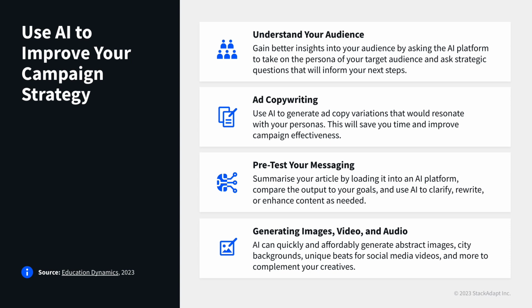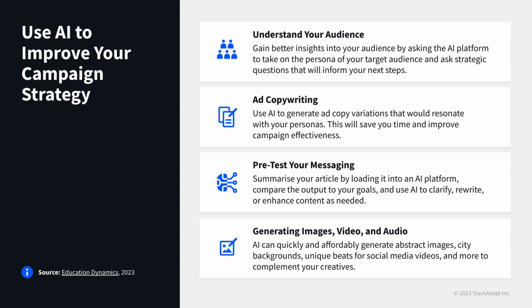You can also use AI to improve your campaign strategy. So AI is a very useful tool in terms of being able to quickly produce things. It helps to understand your audience more, so gain better insights into an audience by asking about different personas in order for you to create different persona target audiences.